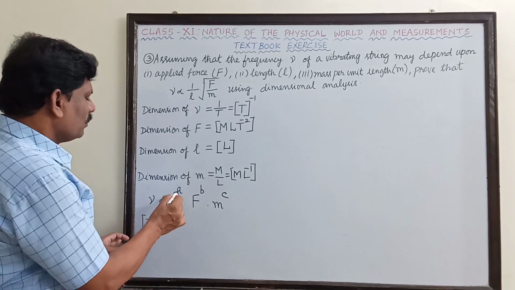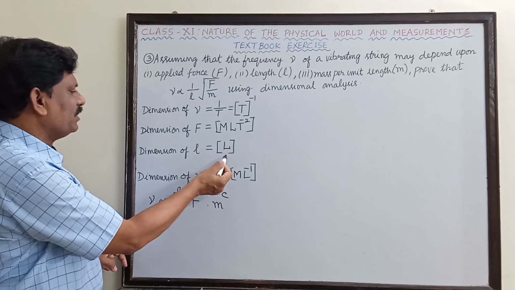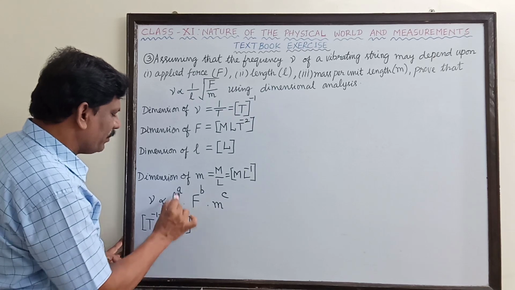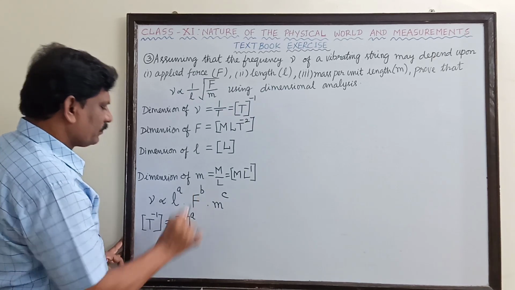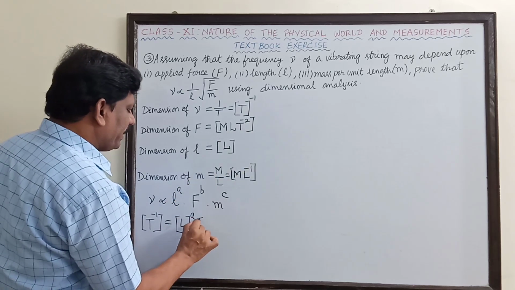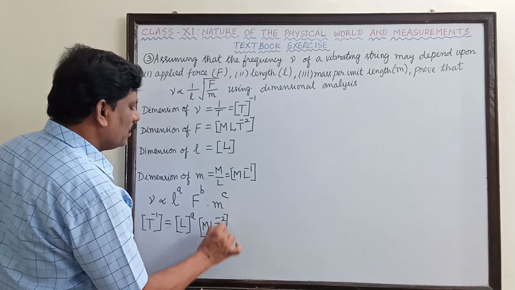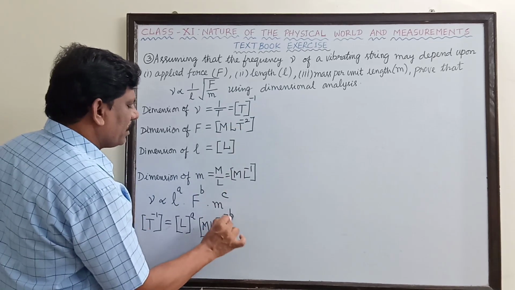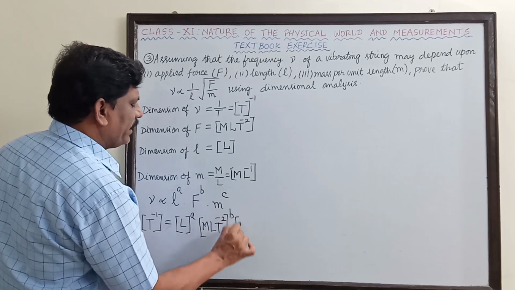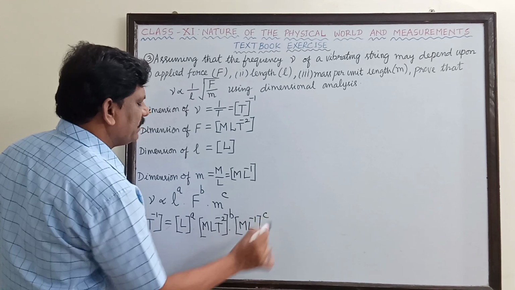On the right hand side, L is length, so its dimension is capital L raised to the power a, into force M L T power minus 2 whole power b, into M, which is M L power minus 1, whole to the power of c.